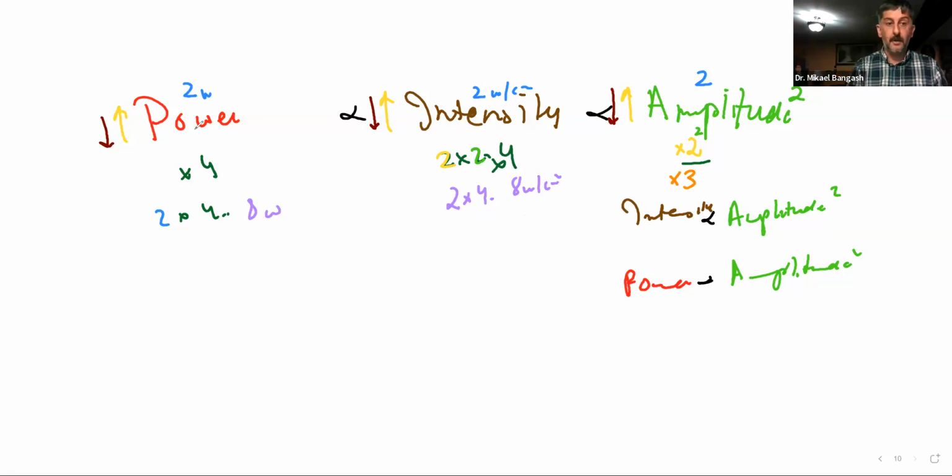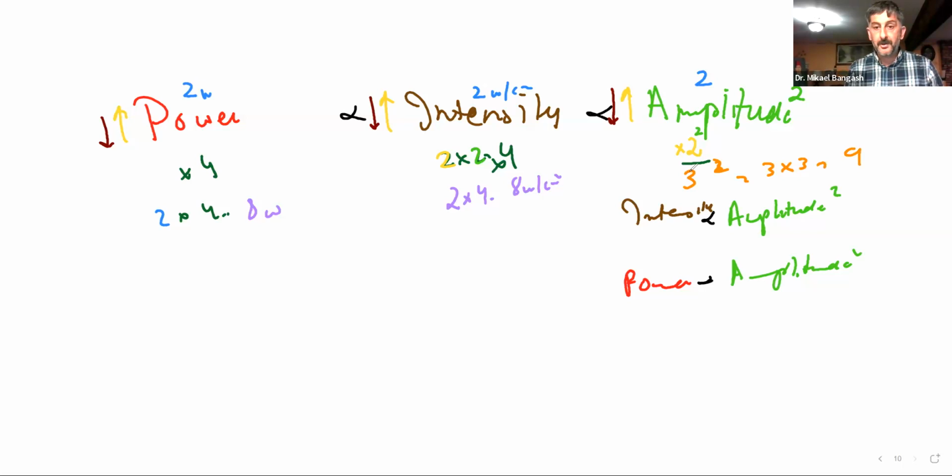But to find how much change is going to be in the power and the intensity, we need to say, what's the square of 3? And please keep going, it's not going to be 3 times 2. That's not what it means. This 3 squared here actually means 3 times 3, which will be 9.